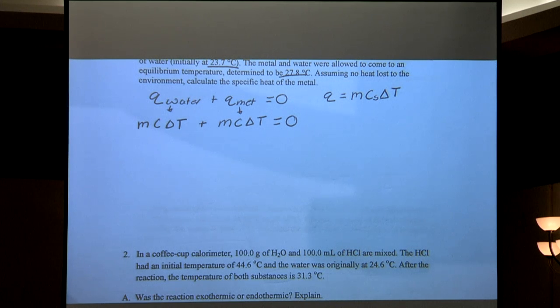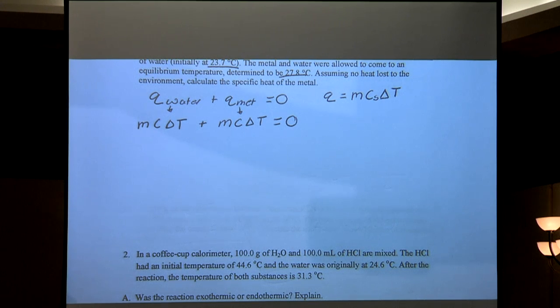Cool, but is milliliters a mass or a volume? This is a volume, right? So what do we got to know before we can figure out the mass? Awesome, the density.